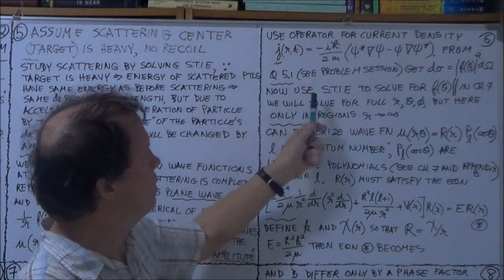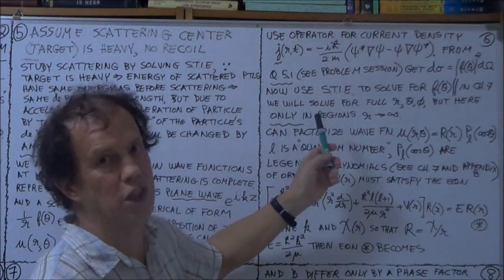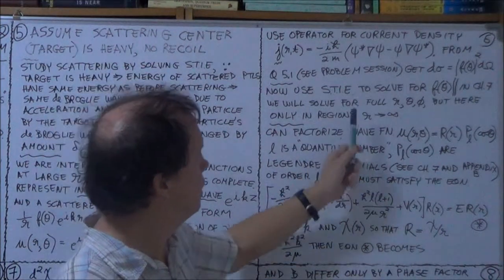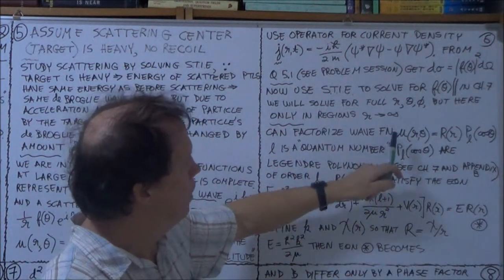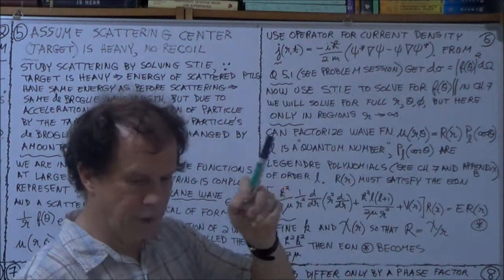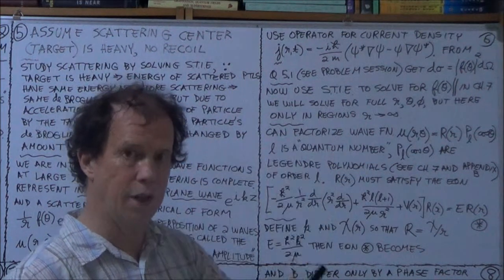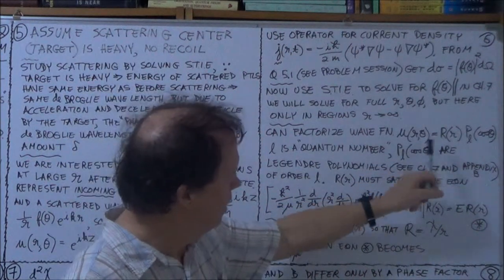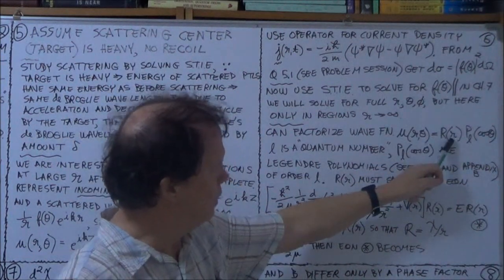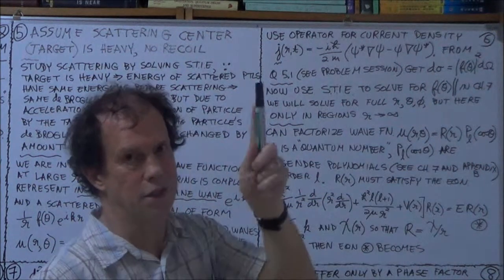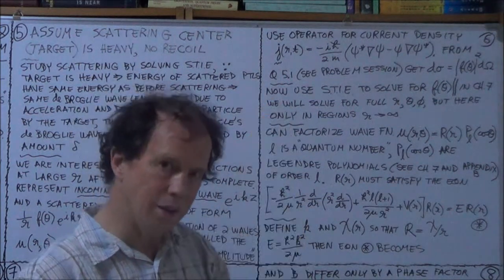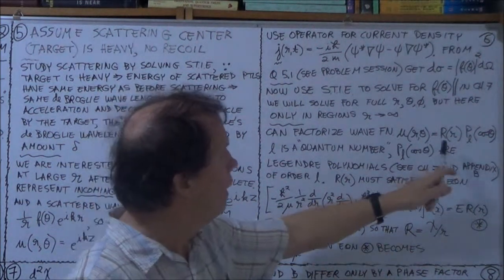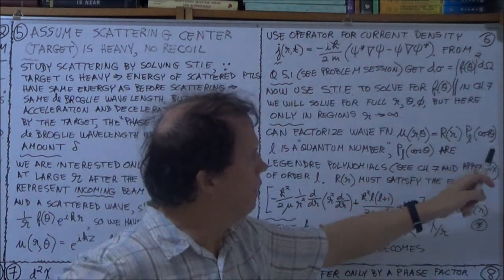But for the last 4 chapters, we've been using only the spatially dependent, time independent wave function. Here we're not splitting it into spatial coordinates and time. We're going to split up the spatial coordinates into 2. One involves just r. r, remember, is the distance between the target and the scattering particle. And theta is the scattering angle.